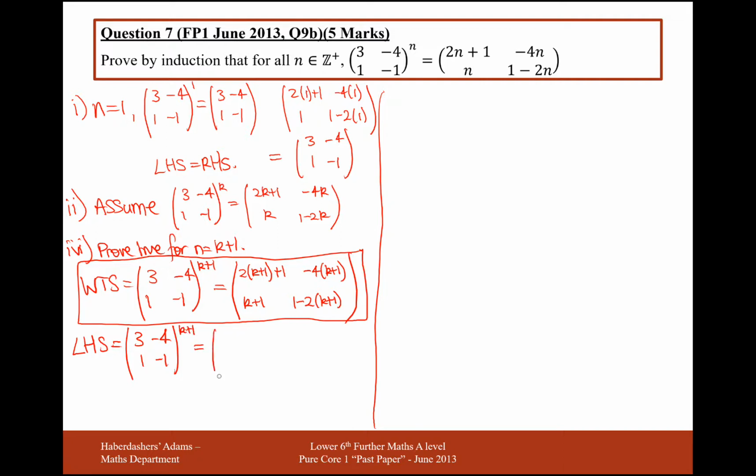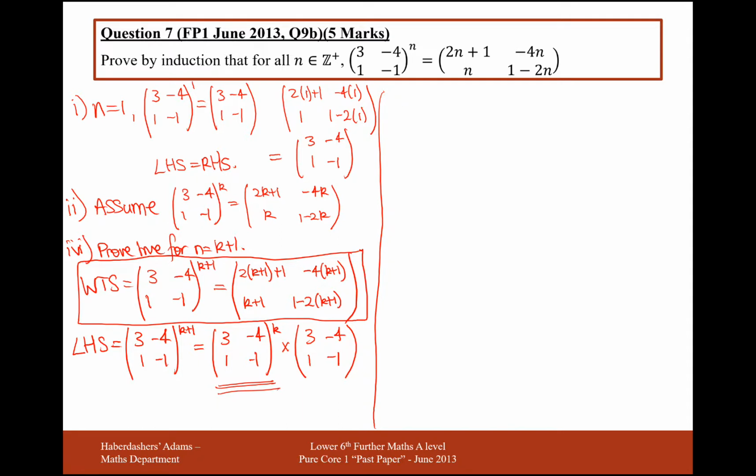Now let's expand this and treat it as our matrix times by to the power of k, and split up the indices and multiply it by the matrix again. Now the reason we're doing this is so that this part here we can use our assumption.